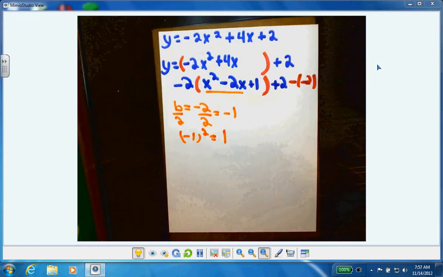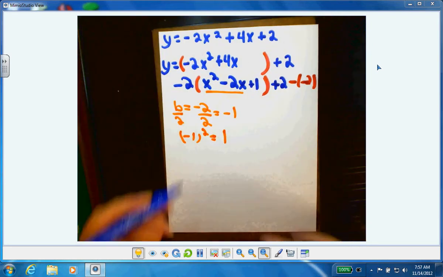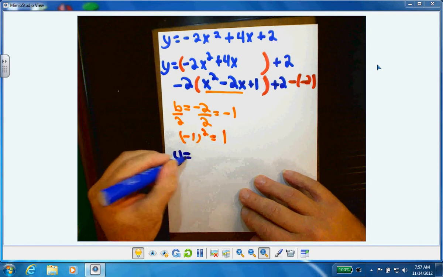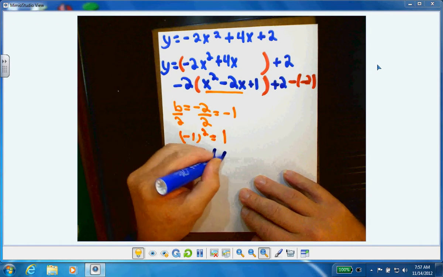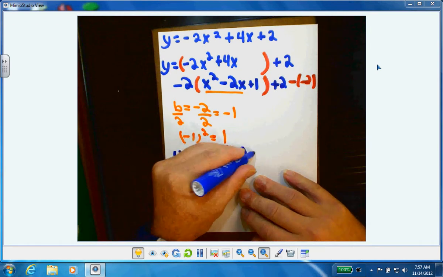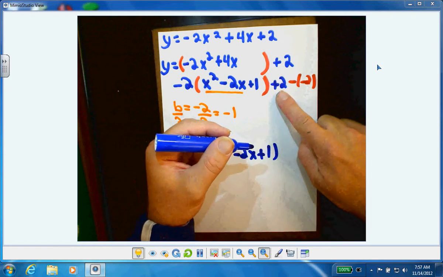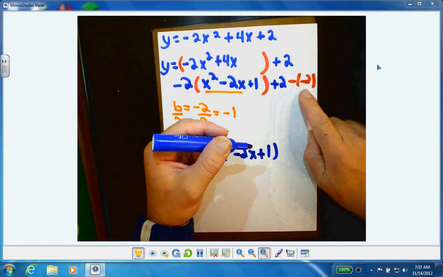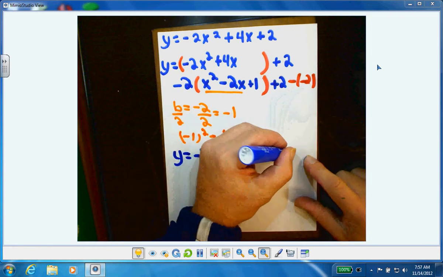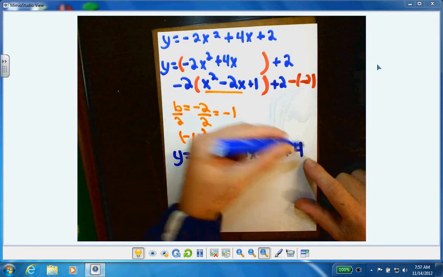So now my equation is y equals -2 times x squared minus 2x plus 1, and then that's going to be +2, and that minus a -2 becomes a +2. So that's going to be +4.